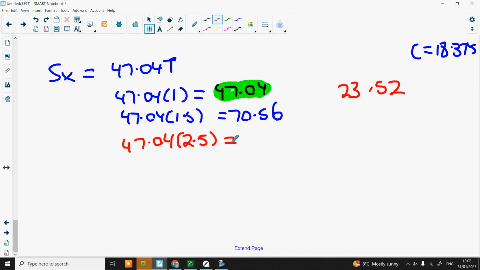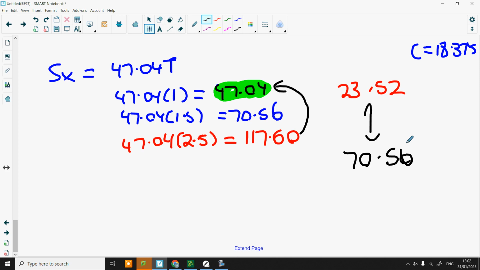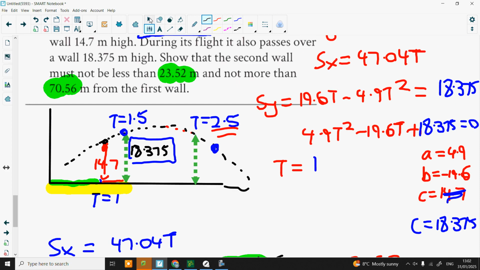So multiply by 2.5, and what do we get? 100.6. Okay. Now, once again, take away that answer, take away 47.04. They're the 2 answers we're looking for. Your wall has to be situated somewhere between 23.52 or 70.56.